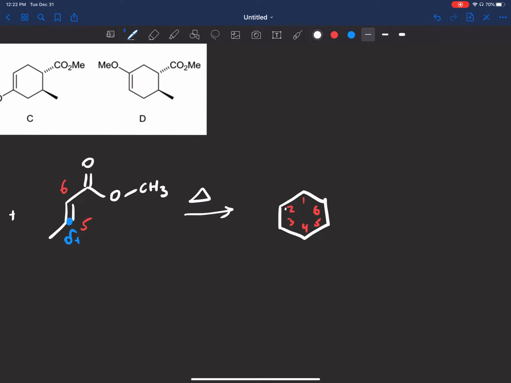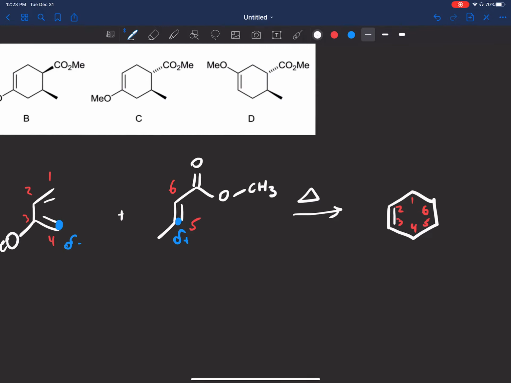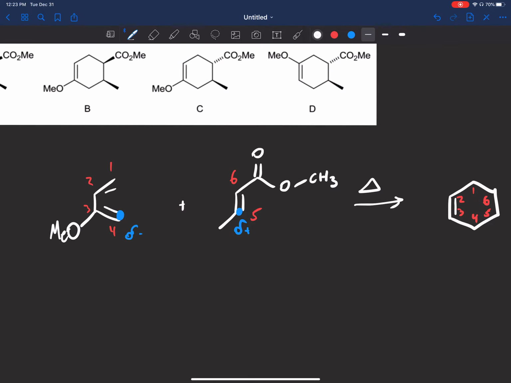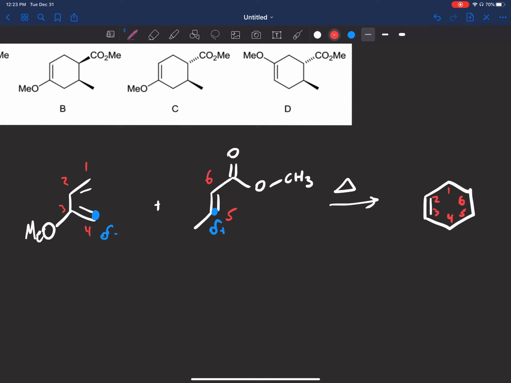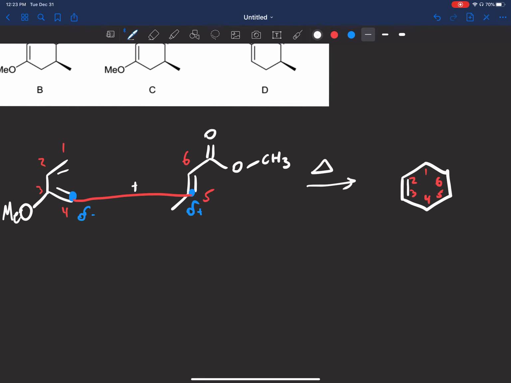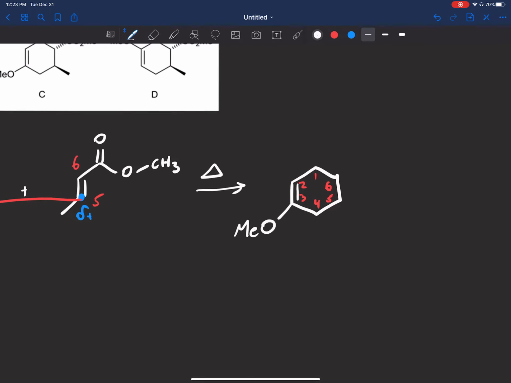Double bond on carbons 2 and 3. All right, and so we want to connect carbon 4 and 5. So that means we're going to have a bond right here. So on carbon 3, I'm putting MeO. Carbon 6.